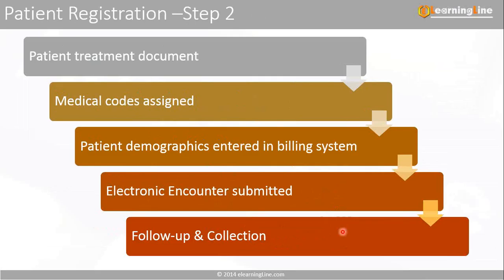In between these two, there are many steps, which you will learn in different chapters, like EDI, claim processing, then CMS 1500, uniform billing. All these are different chapters which come in between over here.